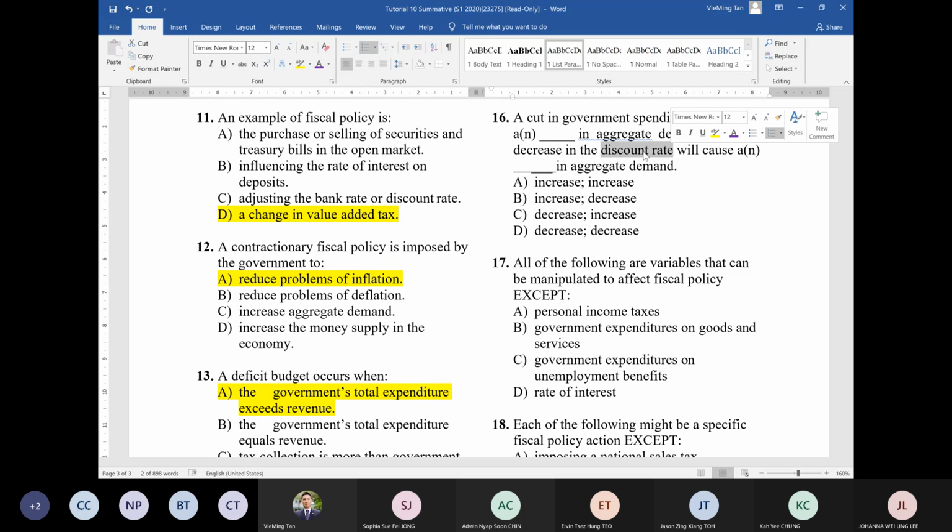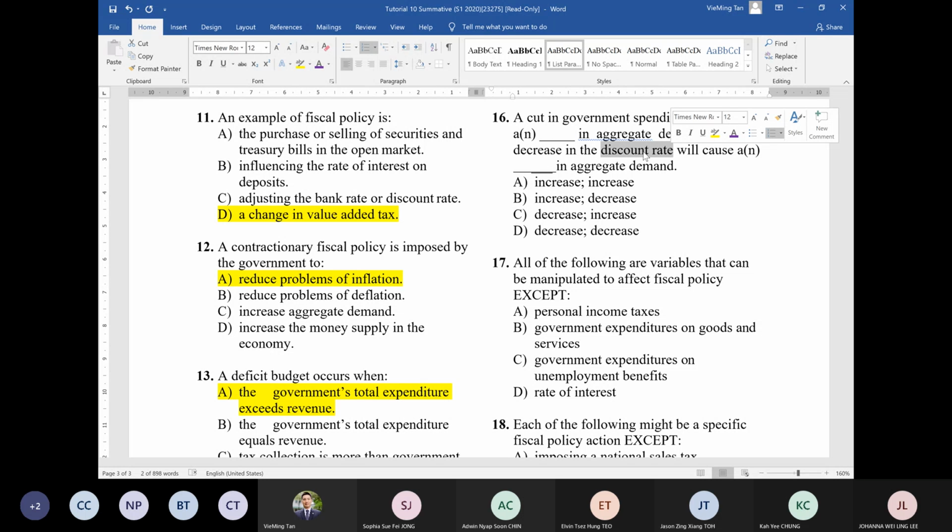When the private banks borrow money from the national bank, the private banks have to pay some interest to the national bank as well. And this interest is called the discount interest rate.